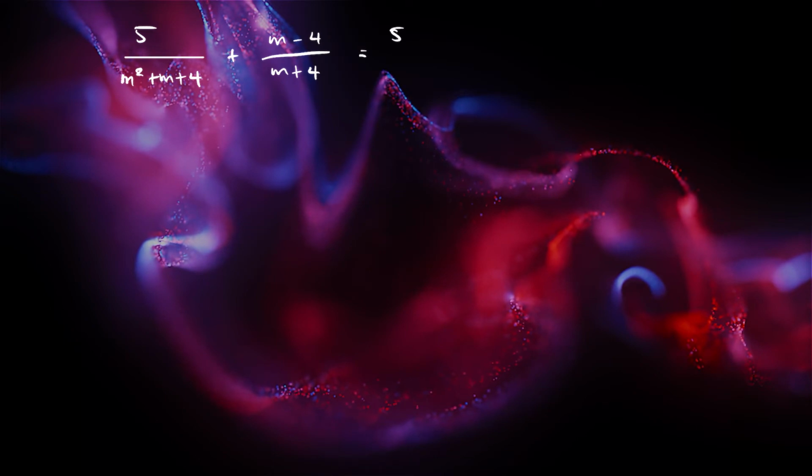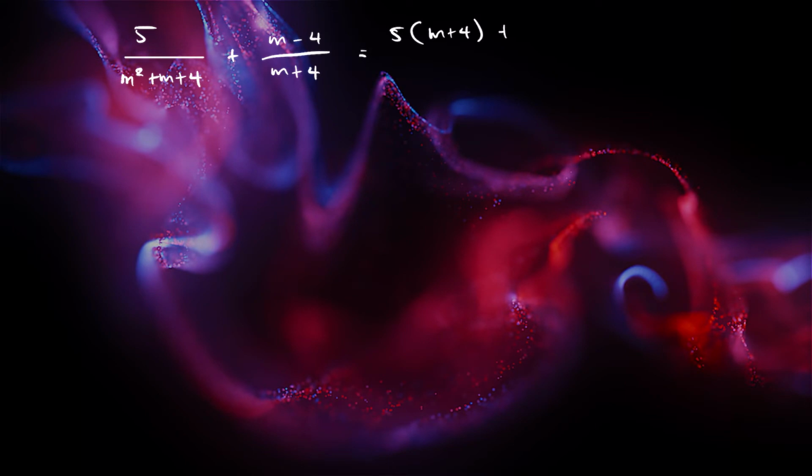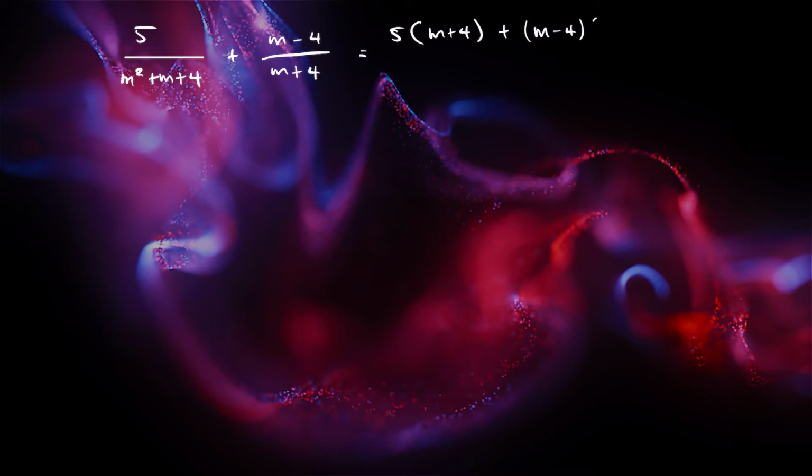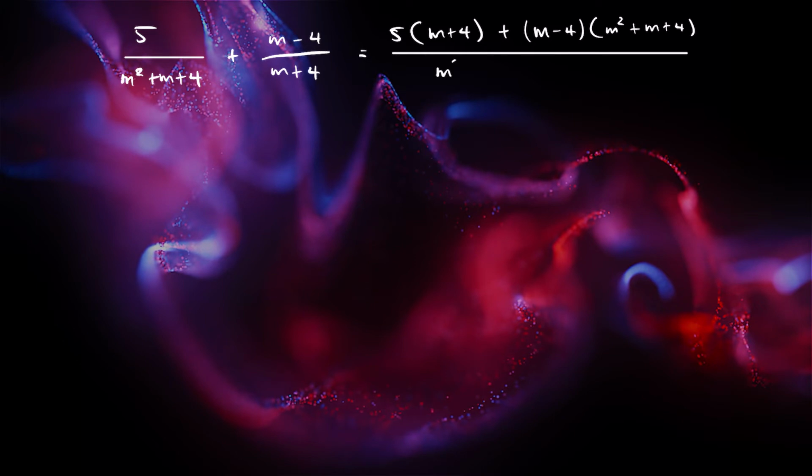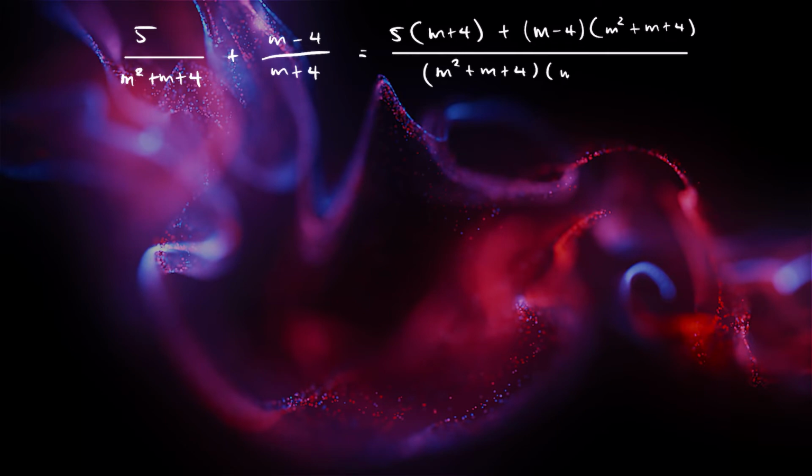So we've got 5 multiplied by m plus 4, because that's on the opposite fraction, and that gets added with m minus 4 multiplied by the denominator of the first fraction, which is m squared plus m plus 4. And this is all over the denominators multiplied together, right? So m squared plus m plus 4, multiplied by m plus 4.